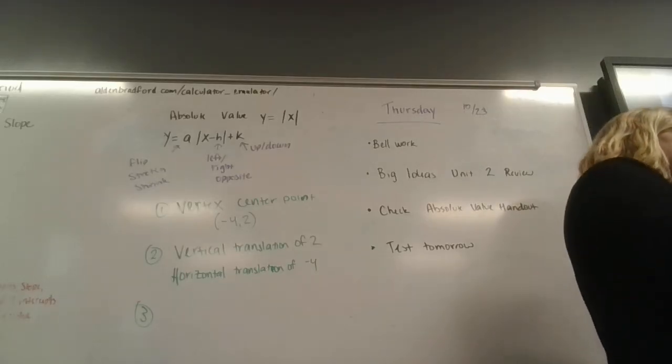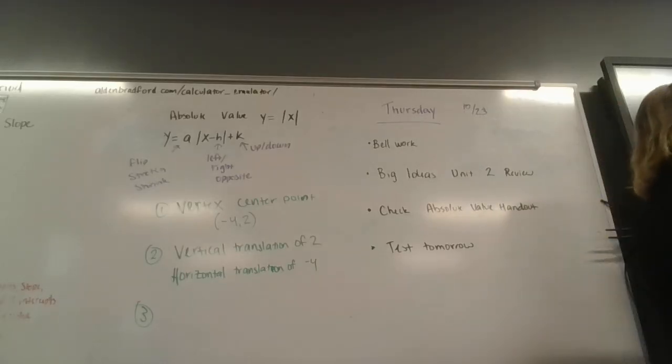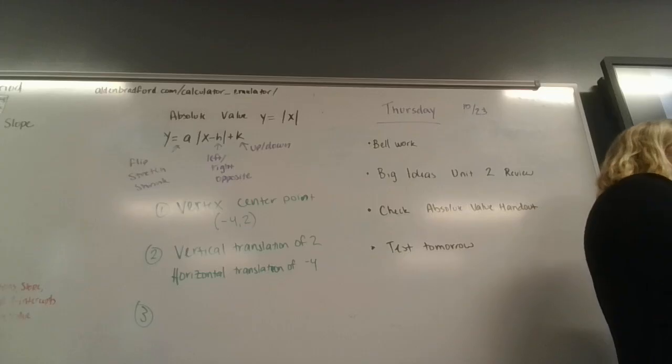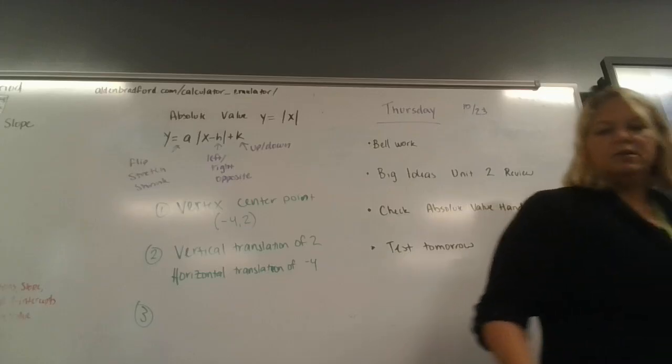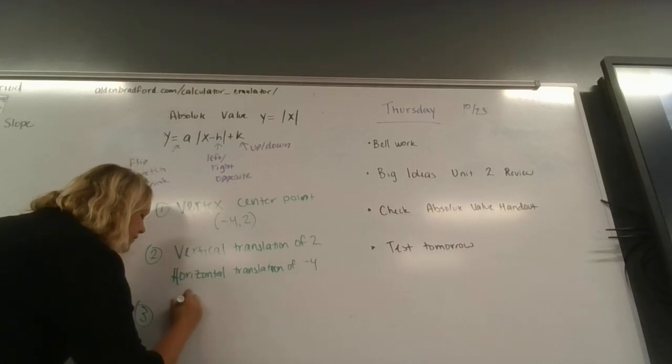If I count, here's a point, and here's a point. It's up 3 over 1, up 3 over 1. So that right side has a rise over run of up 3, right 1.